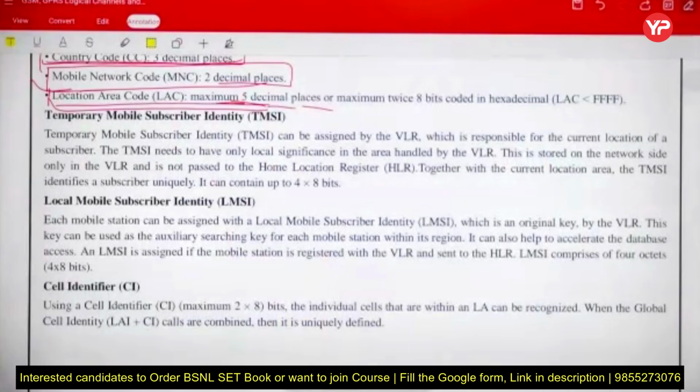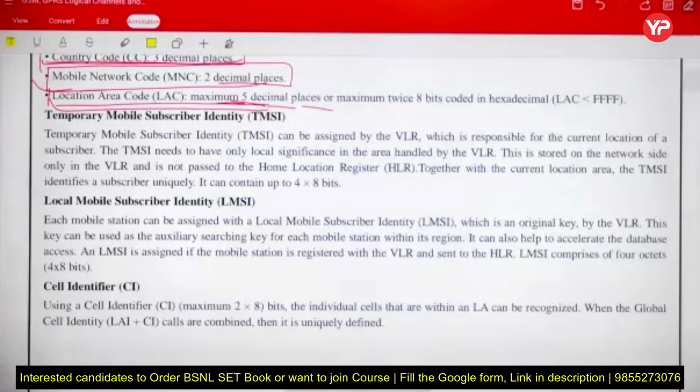The temporary mobile subscriber identity is responsible for the current location of your subscriber. It will tell you what your current location is and where you currently are, right?